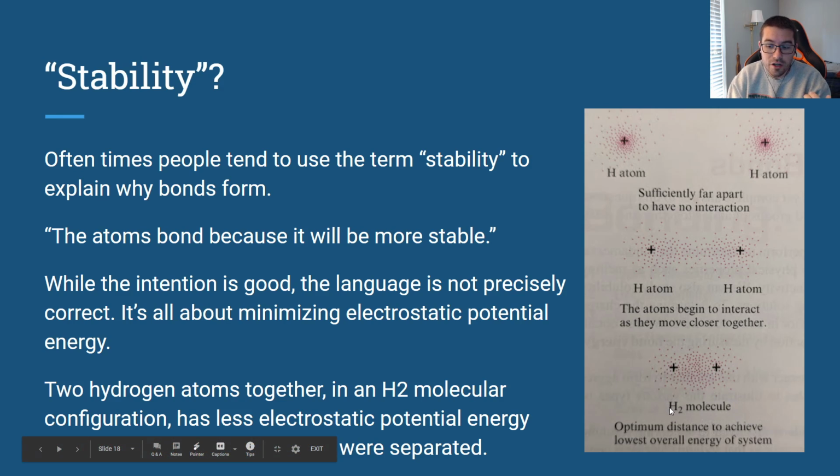This is what an H2 molecule is, or molecular hydrogen. It's these two hydrogen atoms that have come together because the electrostatic forces drove them to do this. It was a lowering of their electrostatic potential energy. Ultimately, that is the explanation for all of covalent bonding. It's a lowering of the electrostatic potential energy.